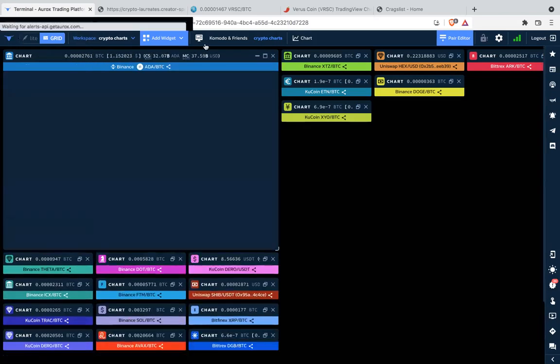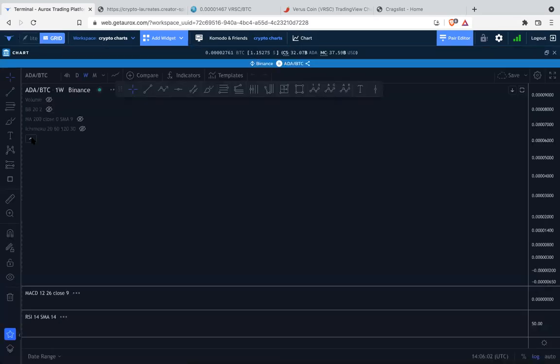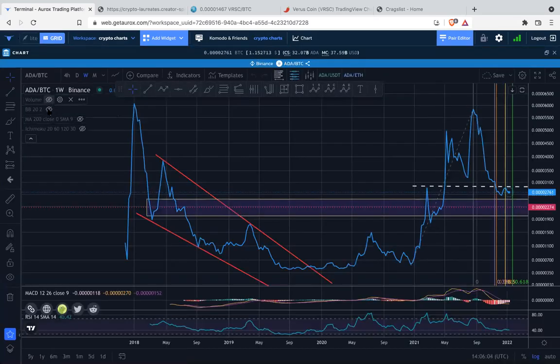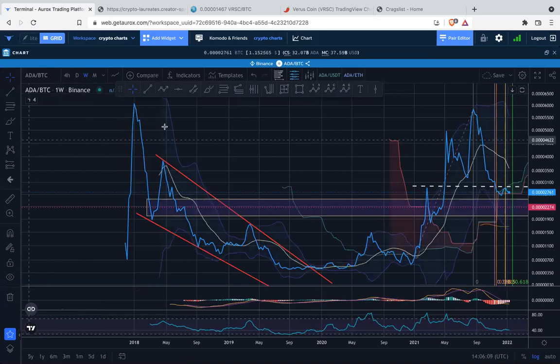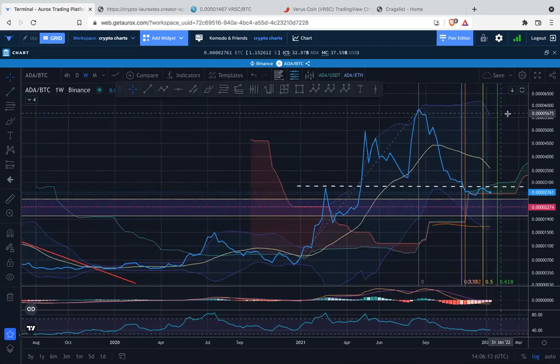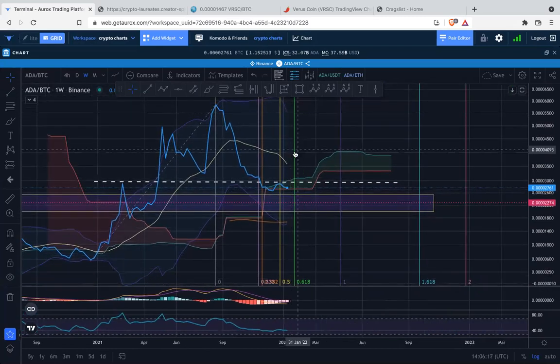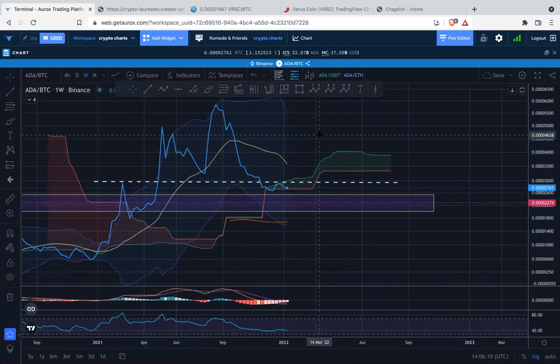So let's get into the ADA price chart on the weekly time frame. We have all these disabled. Let's bring back Bollinger Band, Moving Average, and Ichimoku Cloud. Let's remove some of this action.